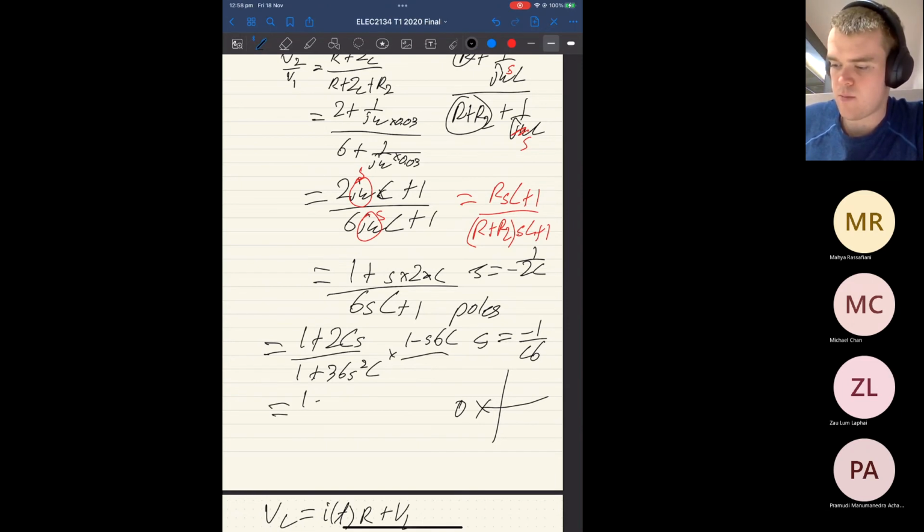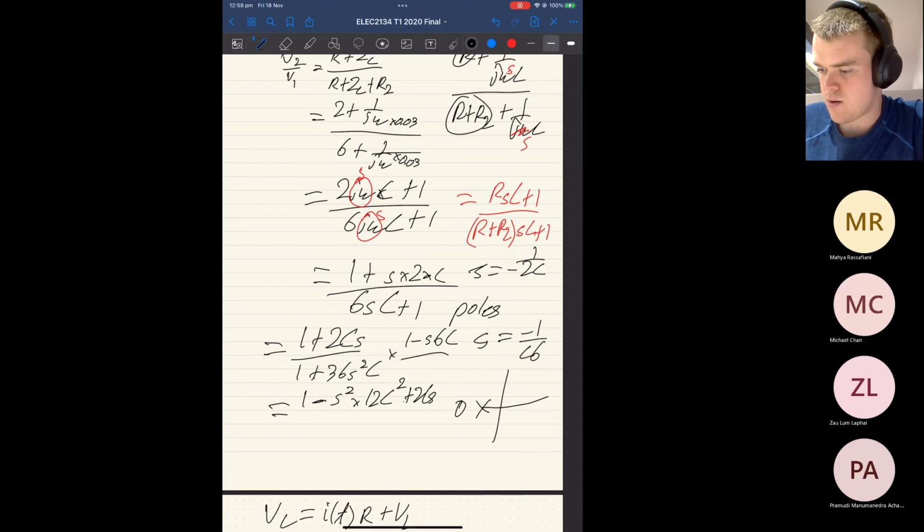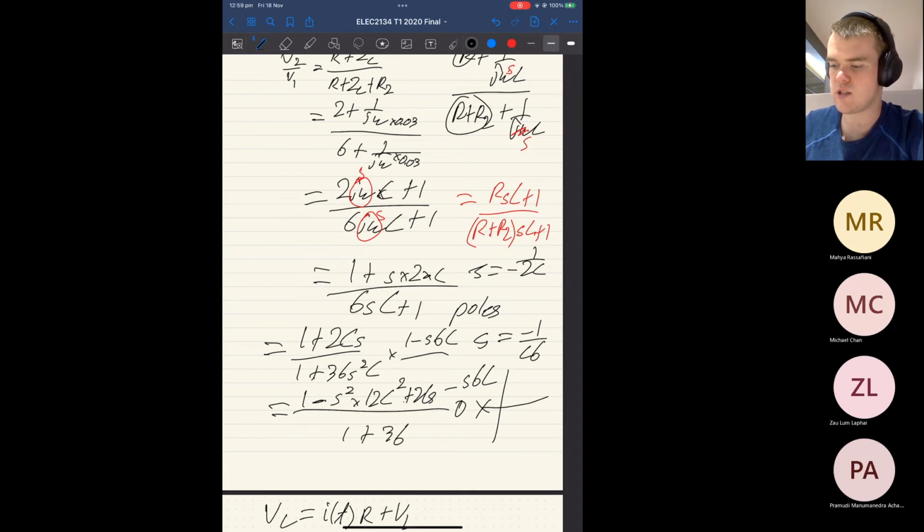So then you get 1 minus s squared times 12C squared plus 2Cs and 1, and then minus the s squared of that one plus the 2Cs minus s6C, all on this one plus 36s squared.